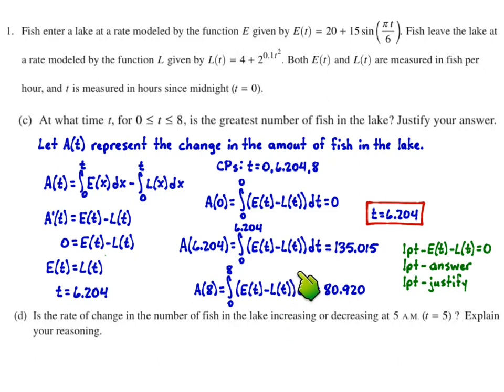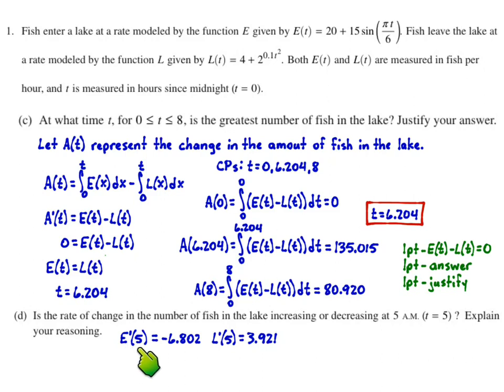So what we're going to do is find the derivative of each of the rates. And remember, both of these functions, E of t and L of t, are rates. So we're going to take E prime of 5, plug that into my calculator, so the derivative of y1 at t equals 5 is negative 6.802. We're going to take the derivative of L at t equals 5 and get 3.921. And so what do we notice?